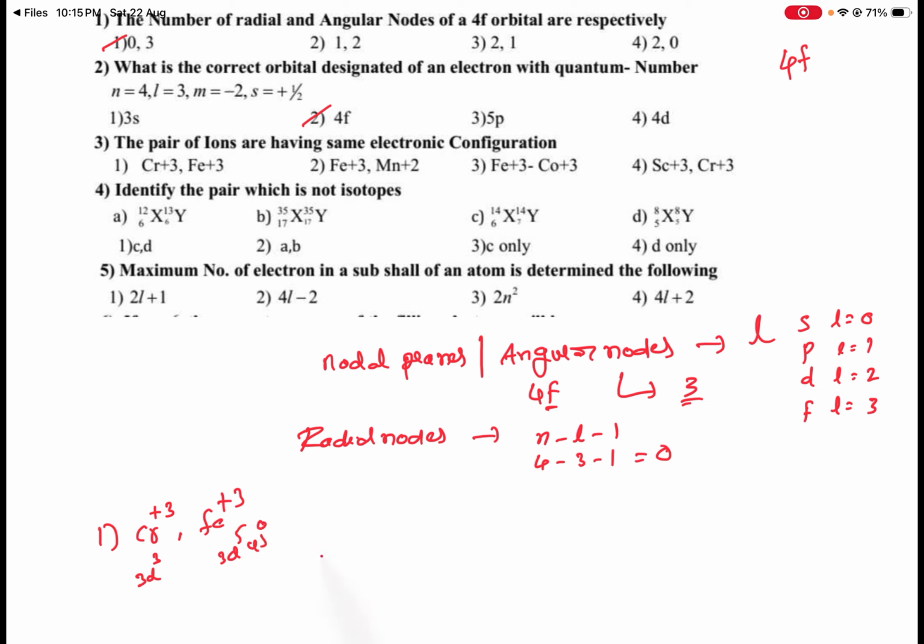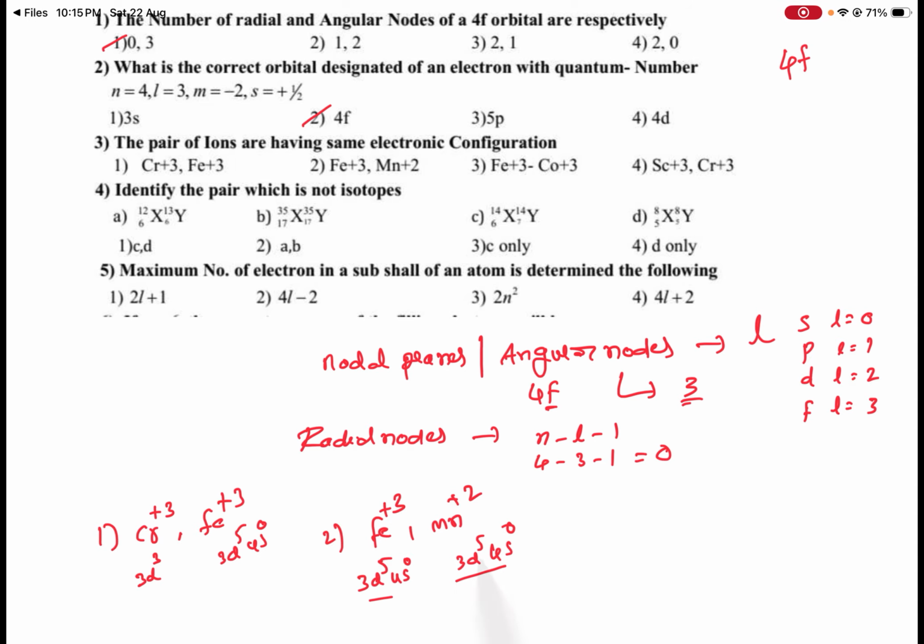Next, option 2: Fe plus 3, Mn plus 2. Fe plus 3: iron atomic number is 26, 3d6 4s2; plus 3 means 3d5 4s0. Manganese atomic number is 25, 3d5 4s2; plus 2 means 3d5 4s0.